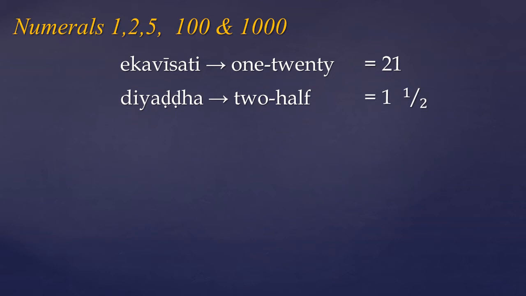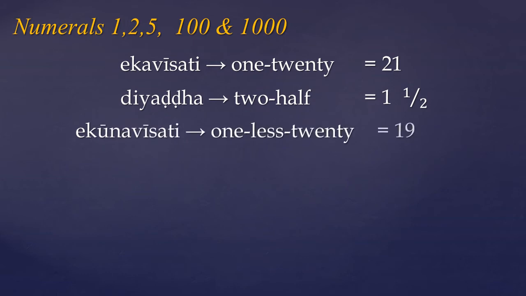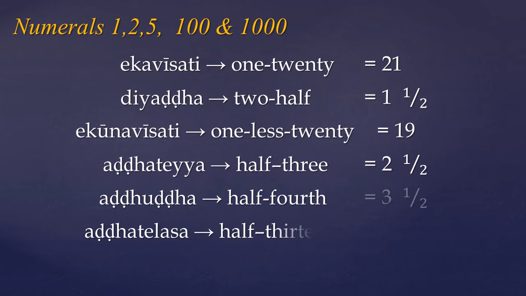So diaddha is literally 2 minus a half, or 1.5. Sometimes this is explicit, as in ekunavisati, which is literally 1 less 20, or 19. But more often not. Anyway, let's return to Warder.